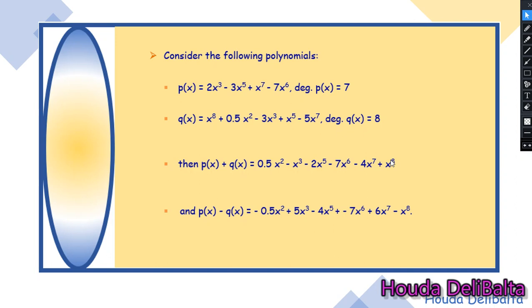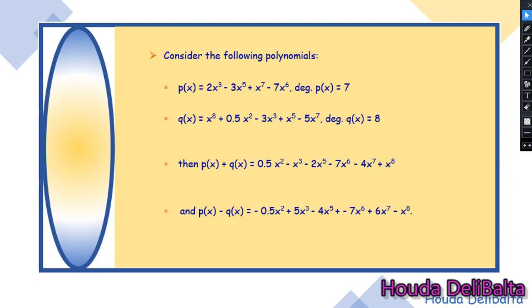So we may arrange polynomials or the result of polynomials in the increasing order of powers, or in the decreasing order of powers. If we start with x to the power 8, then minus 4x to the power 7, then this, and so on. So polynomials are arranged either in the increasing order of powers, as you see here also, or in the decreasing order of powers.